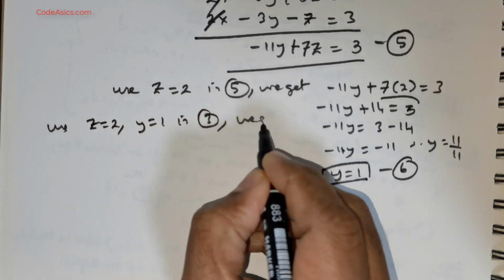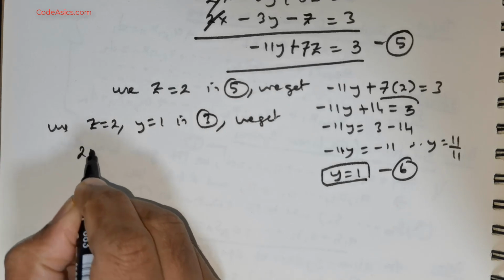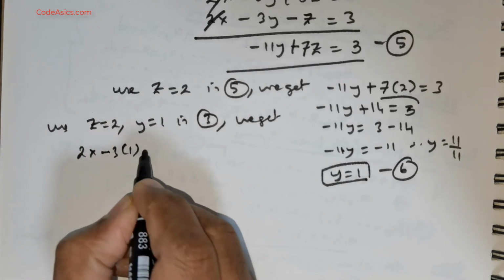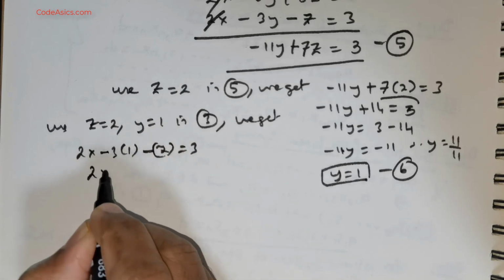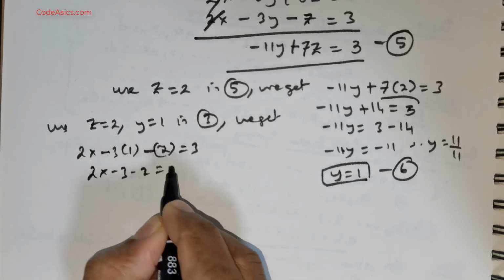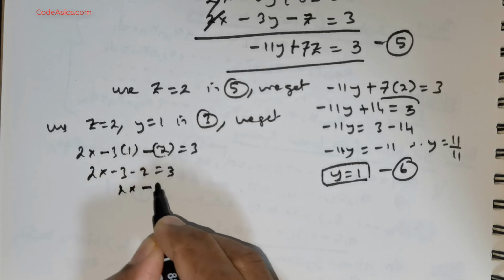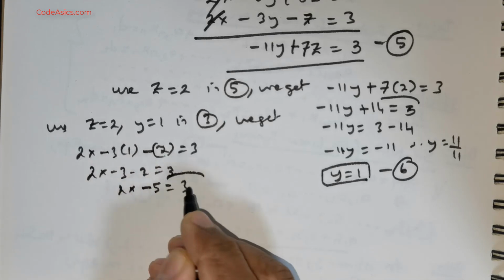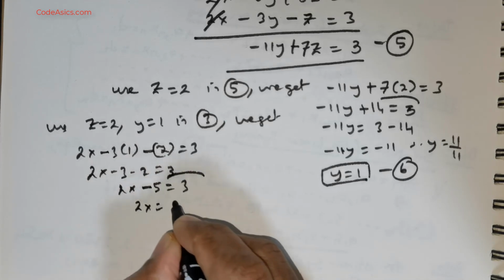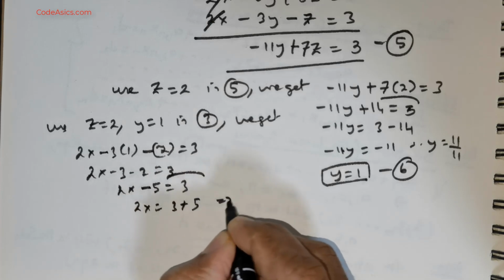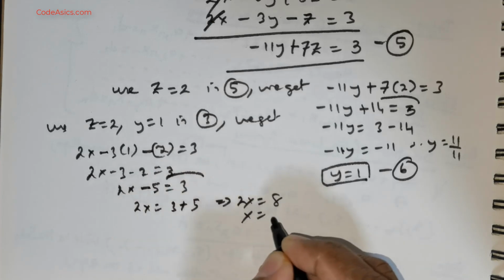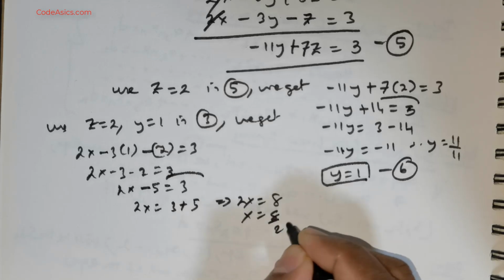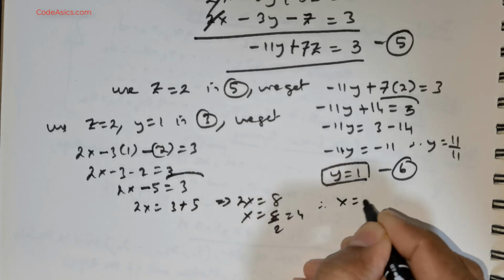So what is 3? 2 times x, negative 3 times 1, negative 2 is equal to 3. This is 2 times x, negative 3, negative 2 is equal to 3. 2 times x, negative 5 is equal to 3. Move this to the other side, you get 2 times x is 3 positive 5, which means 2 times x is equal to 8. So x is equal to 8 divided by 2, which is equal to 4. Therefore, x is equal to 4.